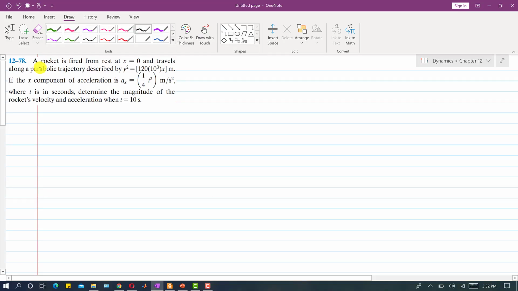A rocket is fired from rest at x equal to 0 and travels along a parabolic trajectory described by y squared equals 120 times 10 to the power 3 x.